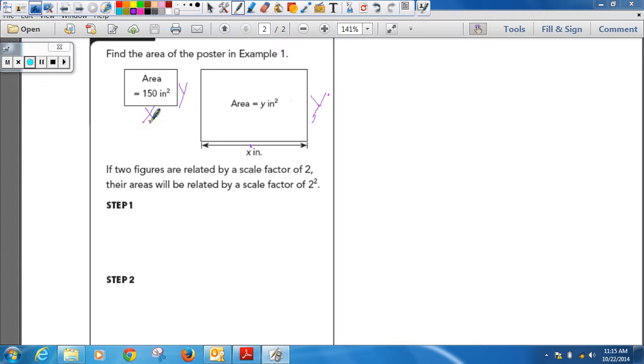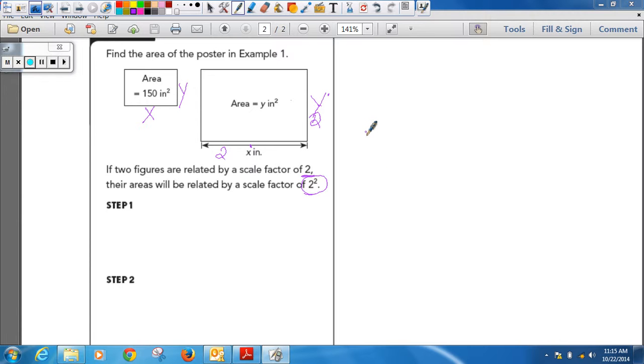Well, if they are both doubled, that means we would take the double of this one times the double of that one. So that means it would be 4 times as large for the area. So if I read here, it says if two figures are related by a scale factor of 2, the areas are related by a scale factor of 2 squared, because this side is doubled and this side is doubled, so that would represent the 2 squared.